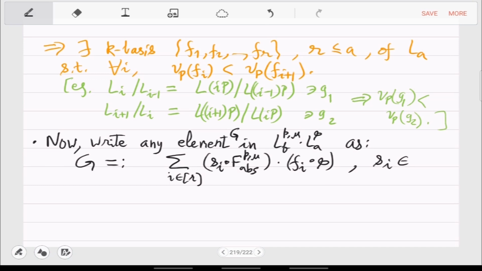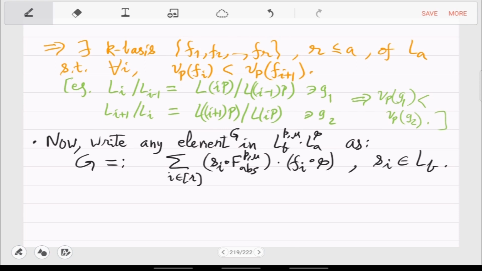The Si come from LB. Right, because something from LB P^mu, that's Si composed with absolute Frobenius P^mu, and something from LA phi, for which LA we have fixed a basis using the Fi. So just write in that basis Fi composed with phi in this order.